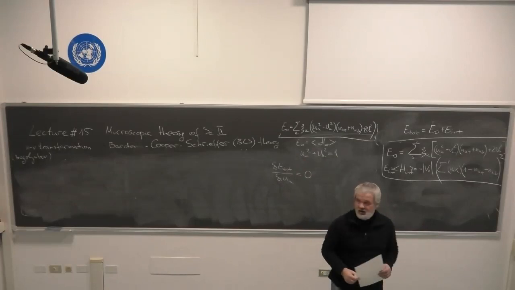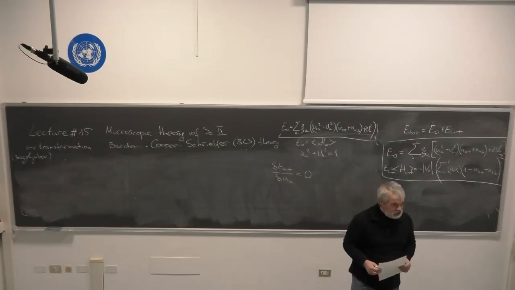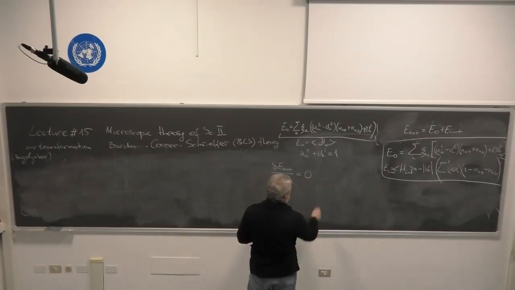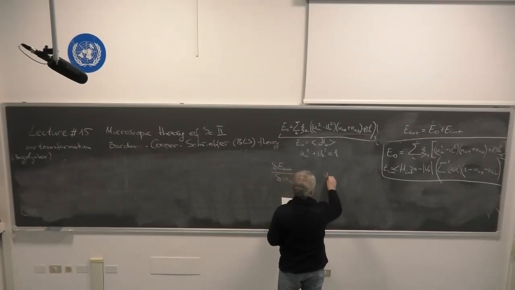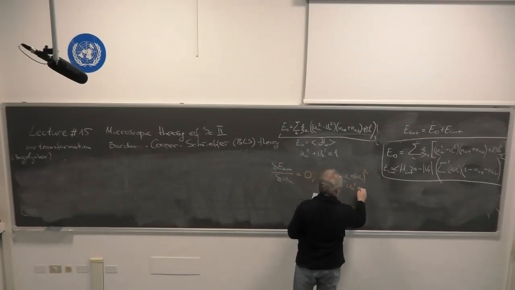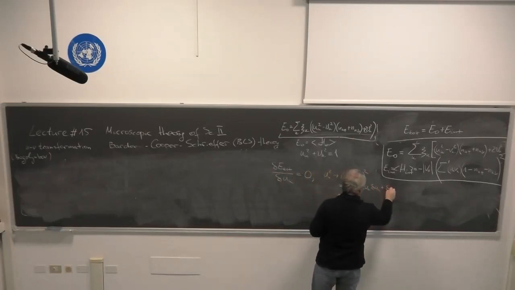So, how to take the variation of the total energy with respect to coefficients U and V? This is the very same as I take a derivative. This is the very same as I did for the Ginzburg-Landau functional. I take UK square. I replace it by UK plus delta UK square, which is UK square plus 2 UK delta UK plus delta UK square.